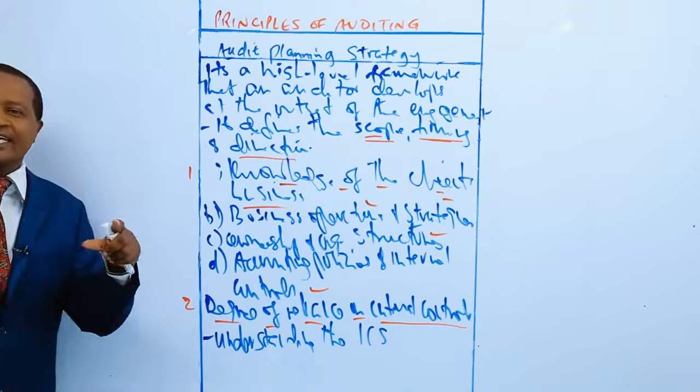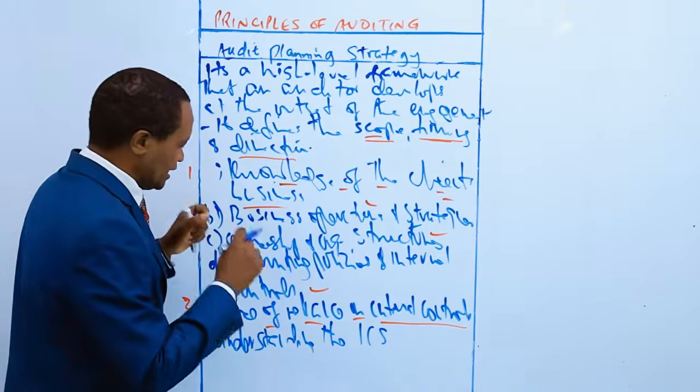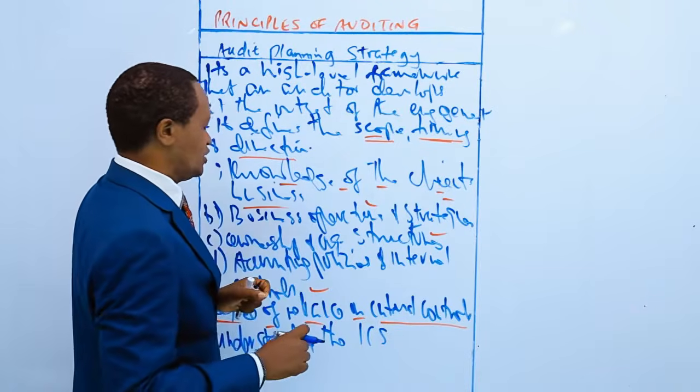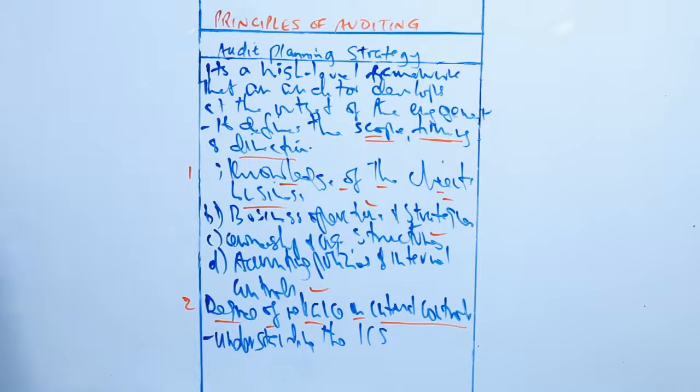So the auditor has to understand the entire internal control system, including the control environment, the risk assessment processes, the information system, the control activities, and even monitoring of controls.